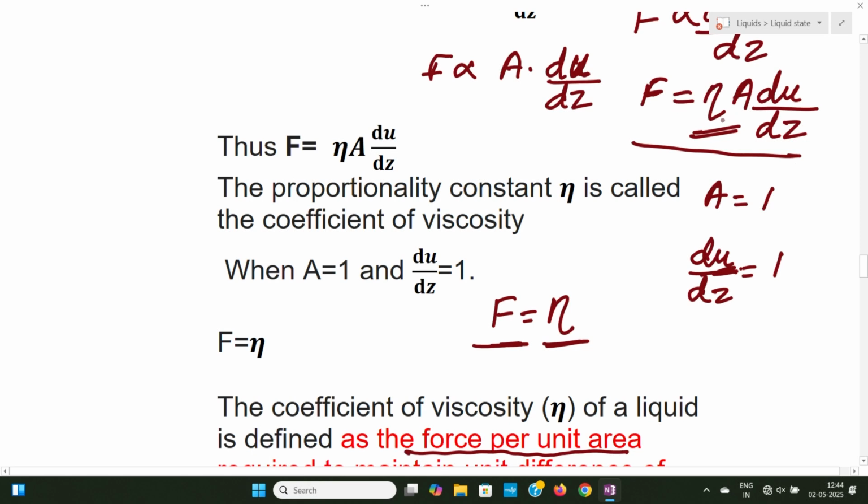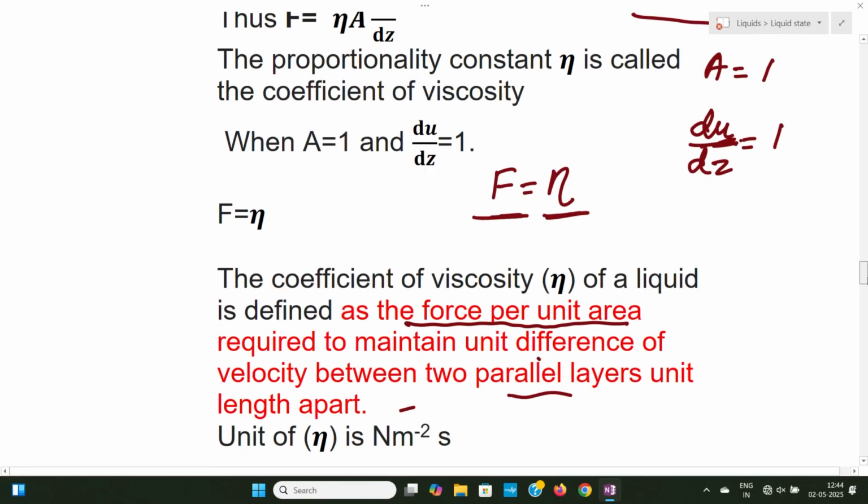Therefore, the coefficient of viscosity is defined as the force per unit area required to maintain unit difference of velocity between the parallel layers unit length apart.